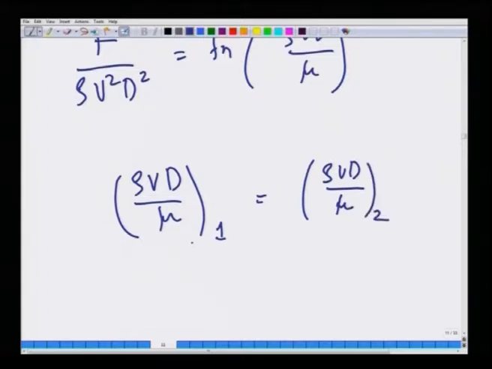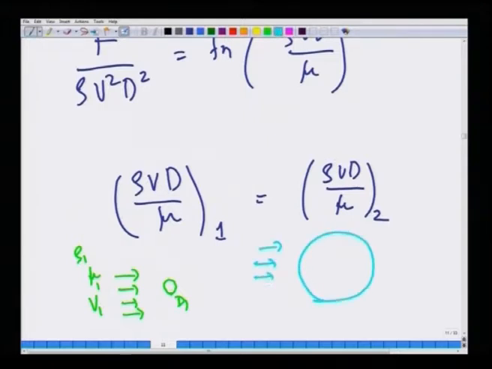Here you have one system in which fluid is flowing past a tiny sphere; the diameter of the sphere is d1, viscosity of the fluid is mu1, density of the fluid is rho1. In another problem, you have a very large sphere, the diameter of the sphere is d2, the viscosity of the fluid is mu2, density is rho2.